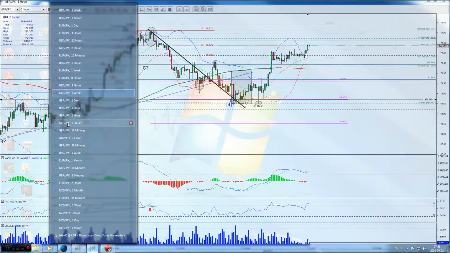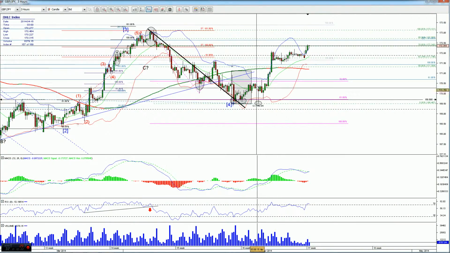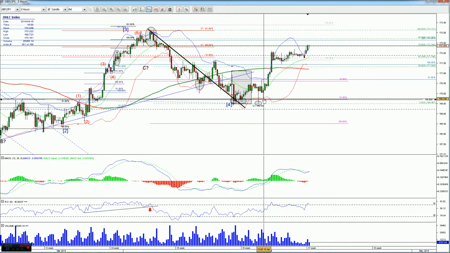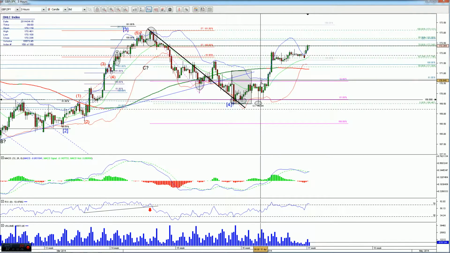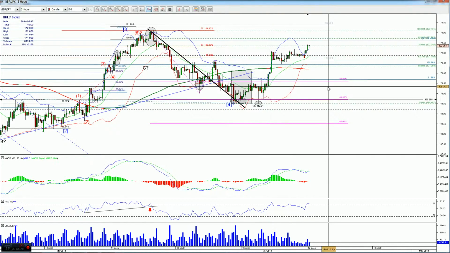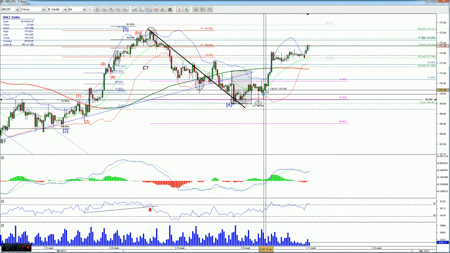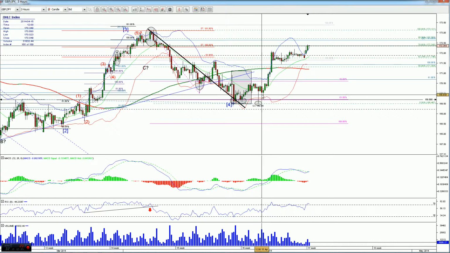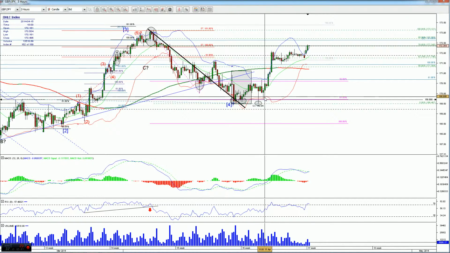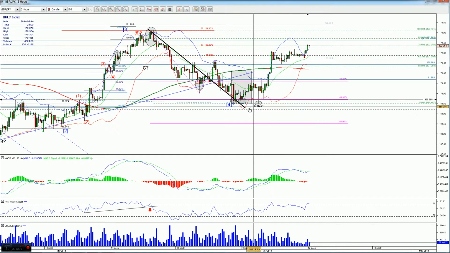Let's have a look at the 3 hour chart. I had sent a signal here, then I closed this signal, okay, with a loss. Actually, it was a flop. It was a very good trade setup because the market went to the upside, but I should have kept the stop loss below that low.